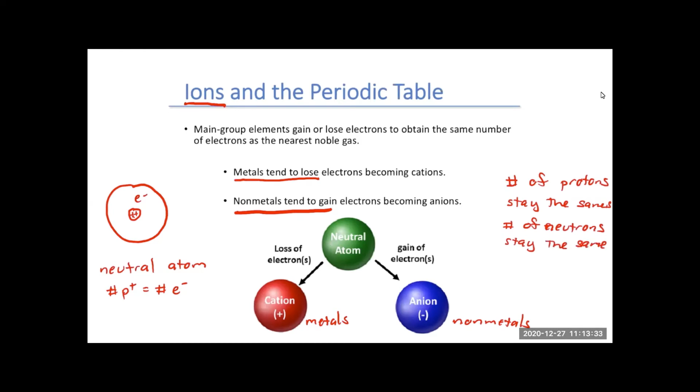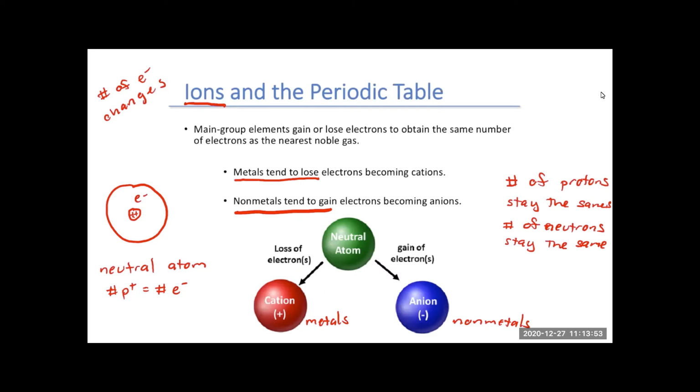It's only the electrons that change. So whenever we have ions, you can remember our number of electrons changes. Everything else about the atom stays exactly the same, but the number of electrons will be what changes.